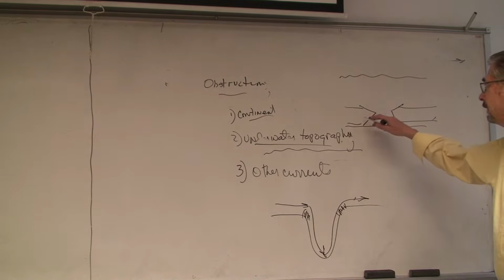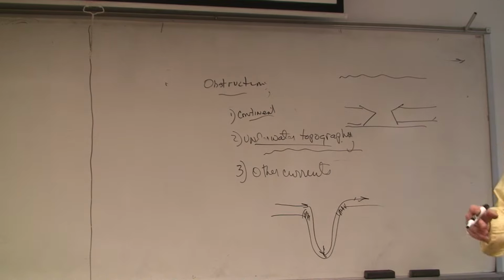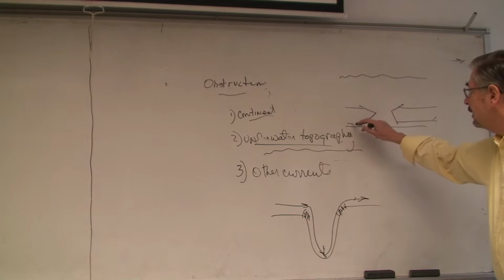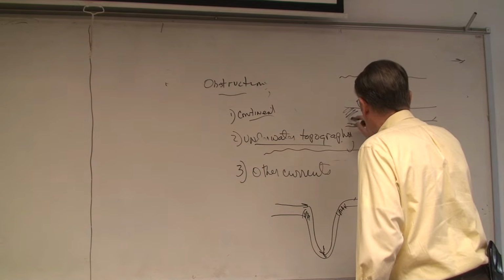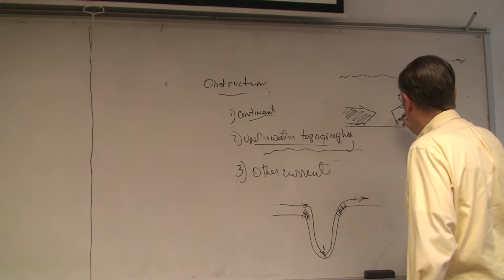So one current has to be diverted. Usually, if this is the heavier current, and we'll talk about what makes currents heavy and what makes currents light a little bit later, if this is the heavier current, this will stay down on the bottom, and this will go up and over it.